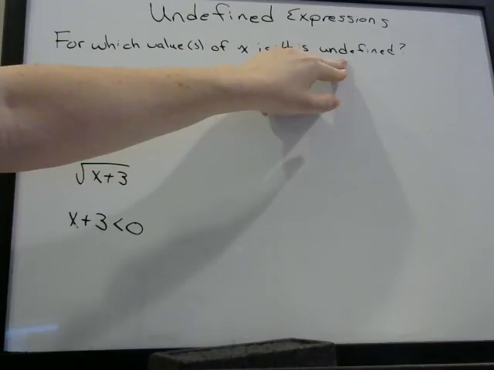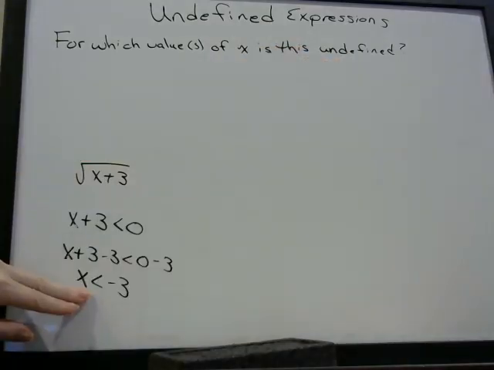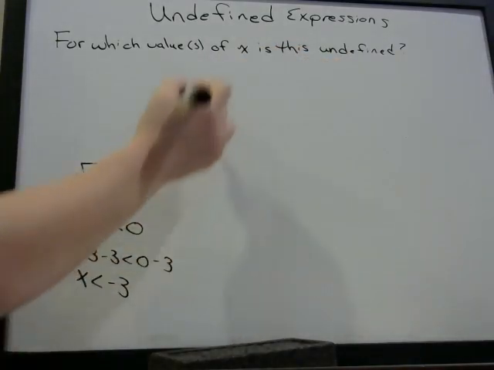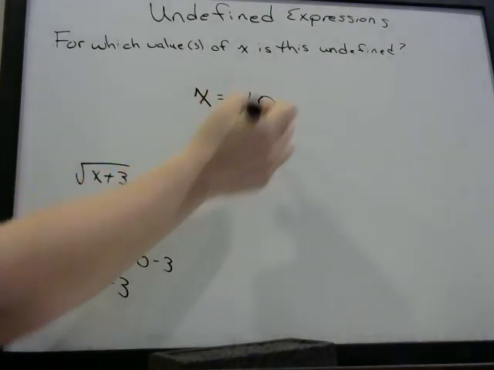So for which values of x is this undefined? Anytime x is less than -3, this is going to be undefined. So let's take a number. What's a number that's less than -3? Let's say -10. So now we're just going to test the theory. Let's say x equals -10.